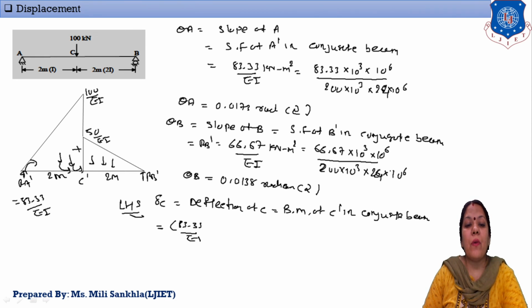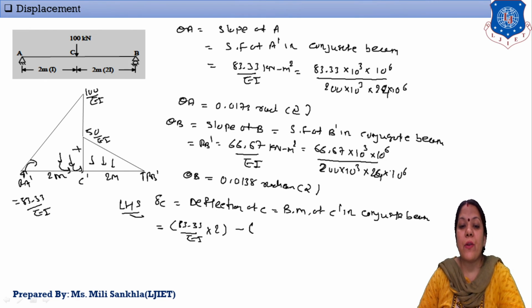83.33 divided by EI into the given distance 2 meter. Then the forces are given anti-clockwise, a triangle 1/2, and the distance is 2 meter. Height is equal to 100 by EI, and at the C point CG is 1/3 into 2.